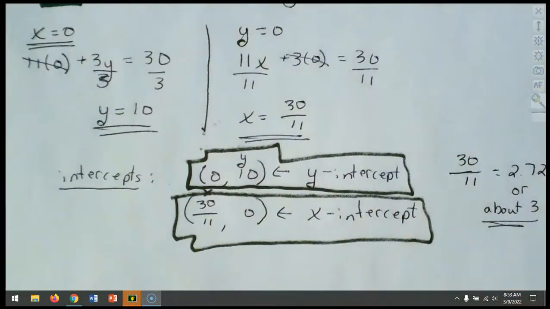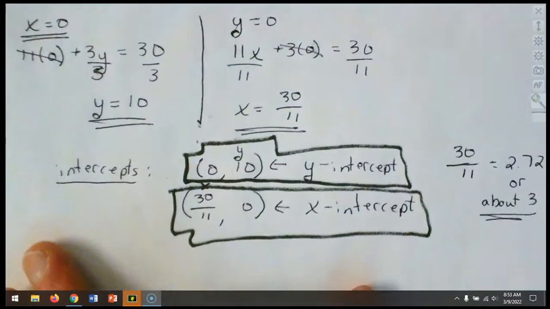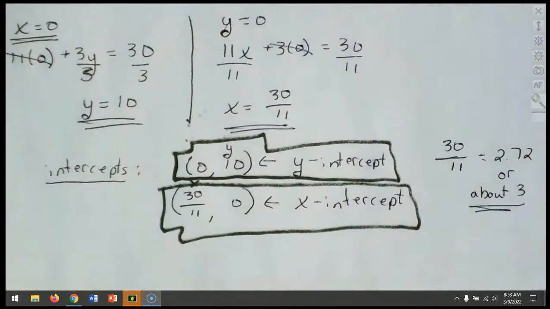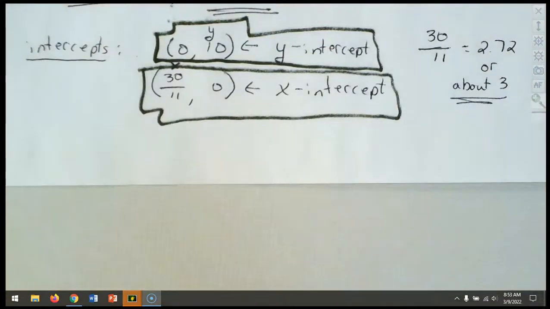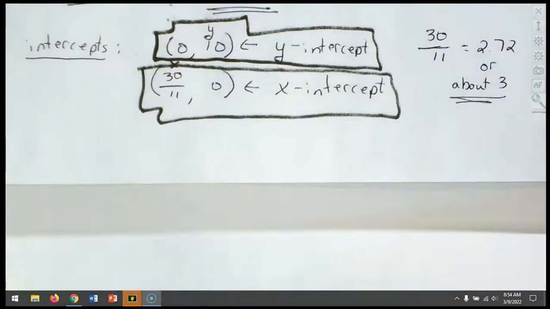So I would estimate that as about 3. It's in between 2 and 3, a little bit closer to 3. We're going to estimate that at about 3. So when we go to graph it, we've got our 2 points. We plot those 2 points. We connect them together, and that gives us our final graph.